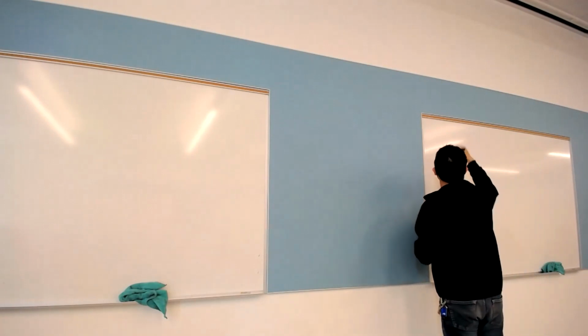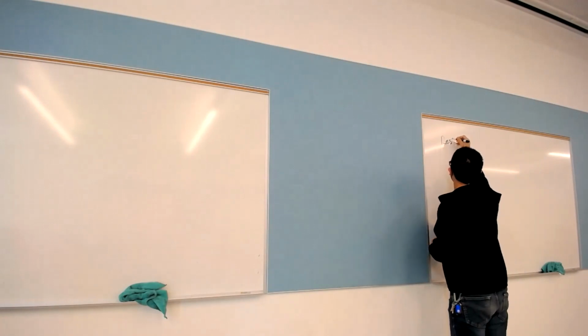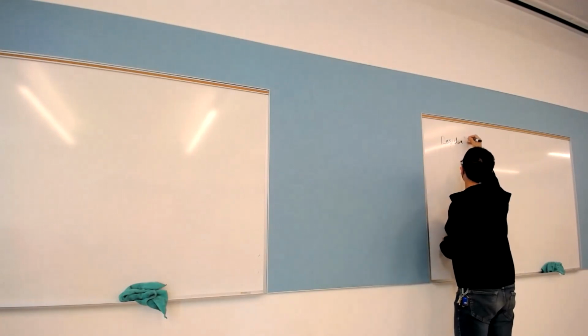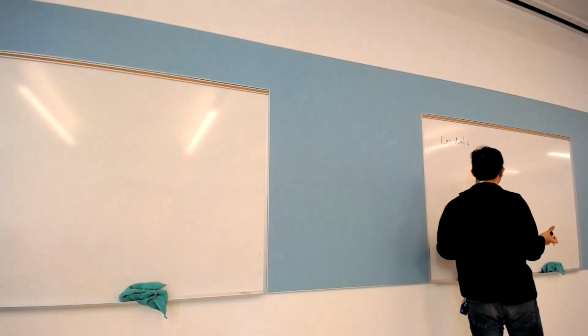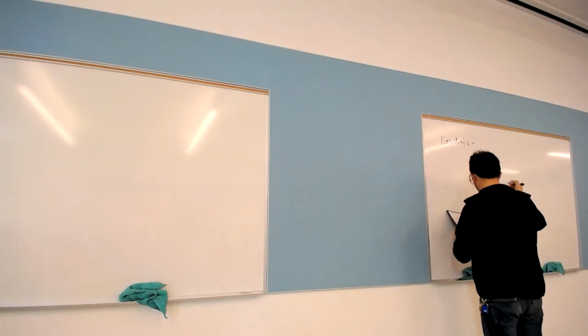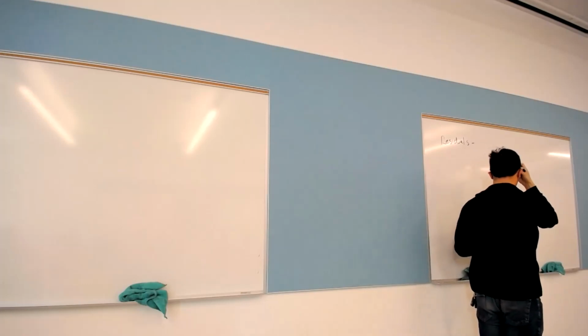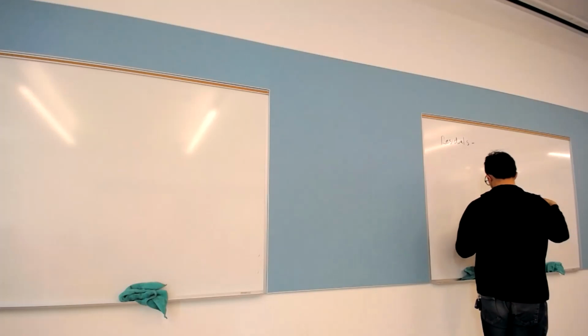So the first one we'll be talking about is residuals. Okay, and so this is a concept that we've actually been talking about for a little while now, but we're going to see how we can leverage these in order to do some diagnostics.